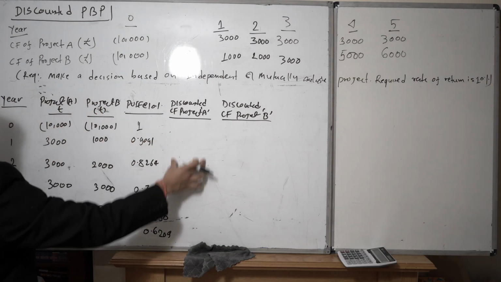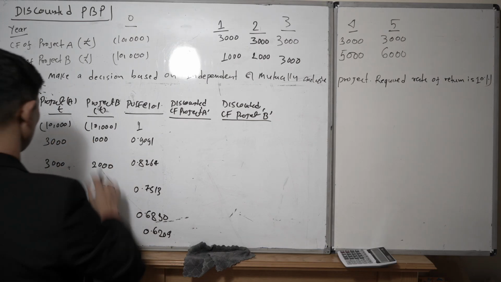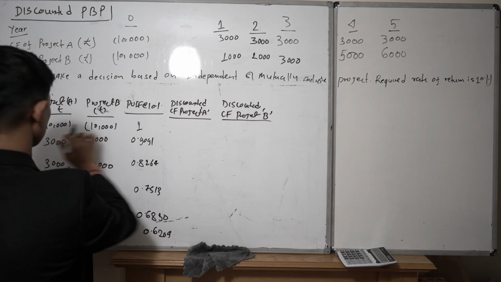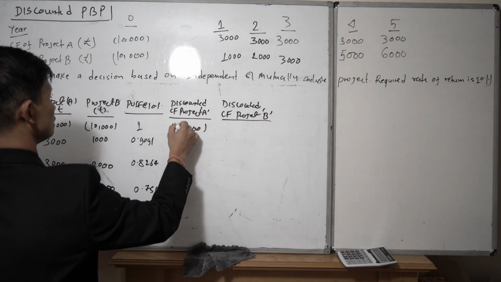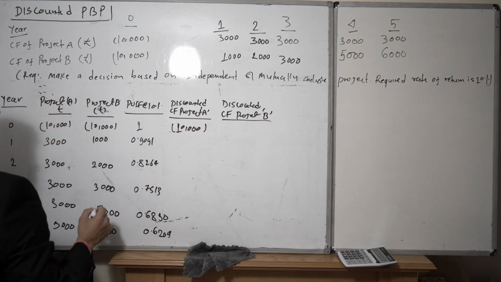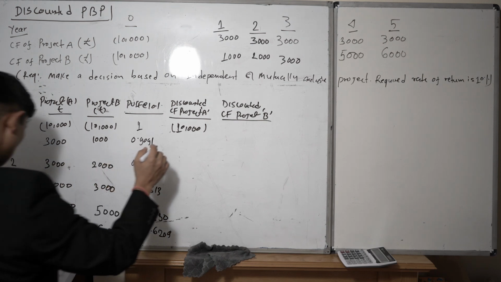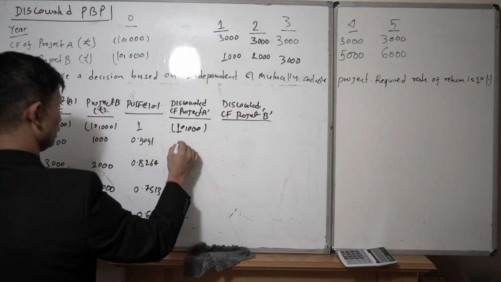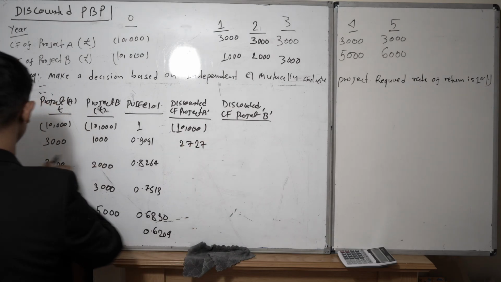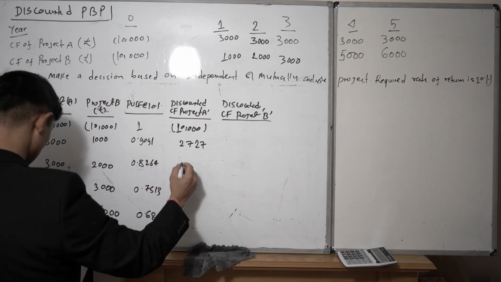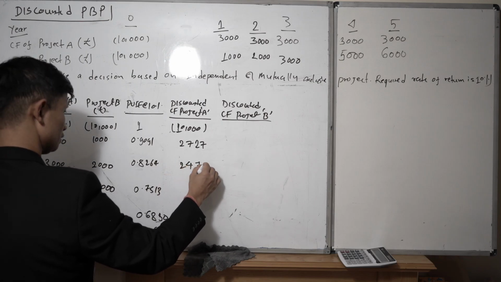This column is for project A, so the cash flow is 3,000. If we multiply minus 10,000 by 1, we still get minus 10,000, and 3,000 multiplied by 0.9091, we get 2727. If you multiply 3,000 by 0.8264, we get 2479.